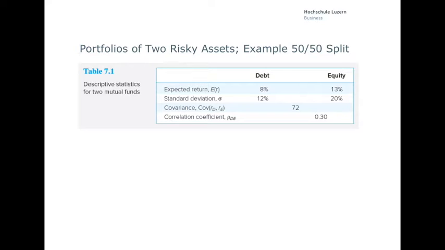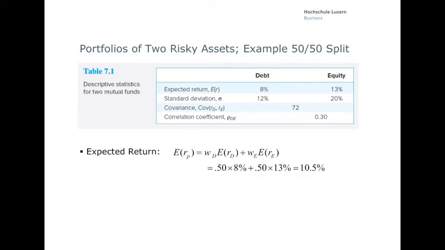So we consider two mutual funds, a bond portfolio specializing in long-term debt securities, denoted D, and a stock fund that specializes in equity securities, denoted E. The expected return on the portfolio is a weighted average of expected returns on the component securities with portfolio proportions as weights. As shown in this example, it results in an expected return of 10.5%.